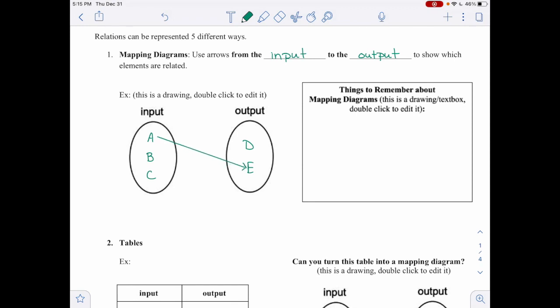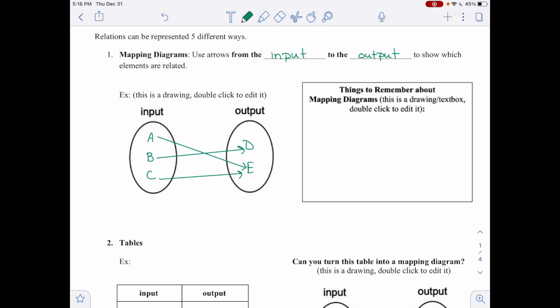If I put in B, I expect to get out D. And if I put in C, I also expect to get out E as well. Right, so that's showing my relation between the input and its specific output. The same way that I clicked Netflix and then it picked a bunch of shows that are only on Netflix, right? If I picked Hulu, I would get a bunch of different shows.